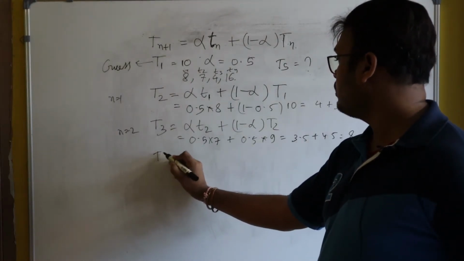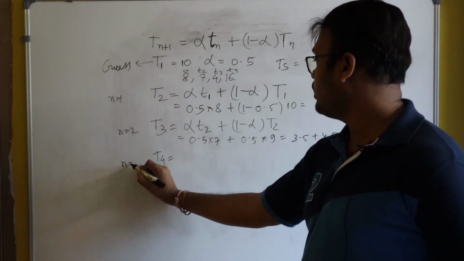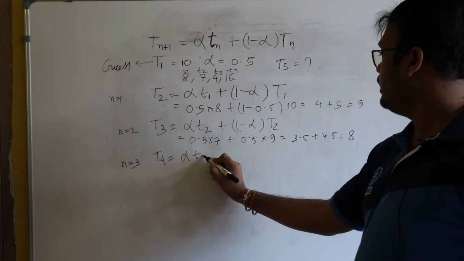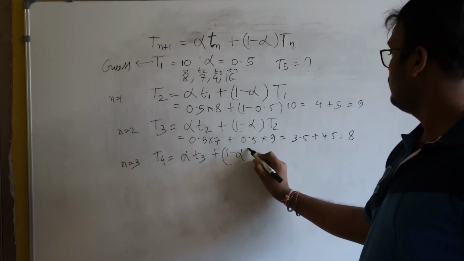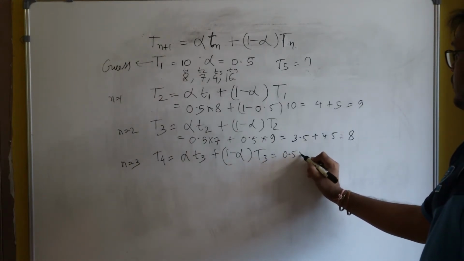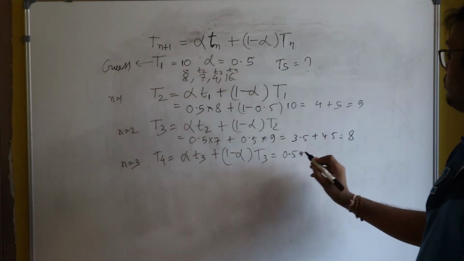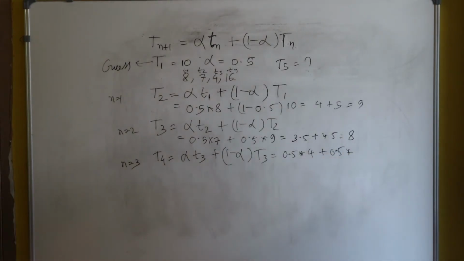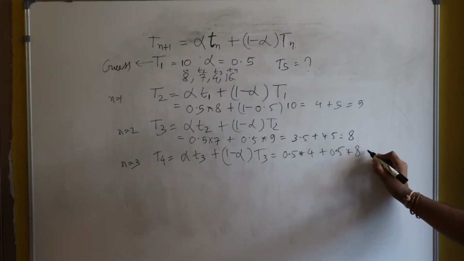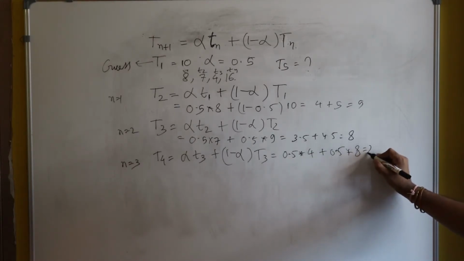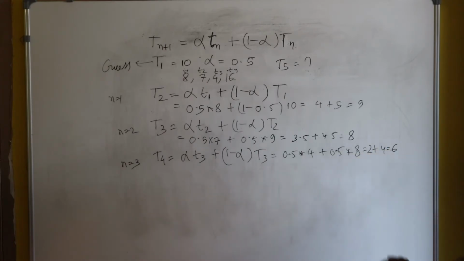Now let's calculate T4. Here the value of small n is 3. Then alpha into small t3 plus 1 minus alpha into capital T3. So it will be 0.5 into small t3, which is 4, plus 0.5 into capital T3, which we calculated as 8. It will be 2 plus 4, 6.